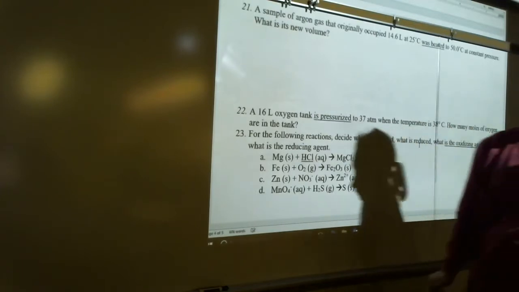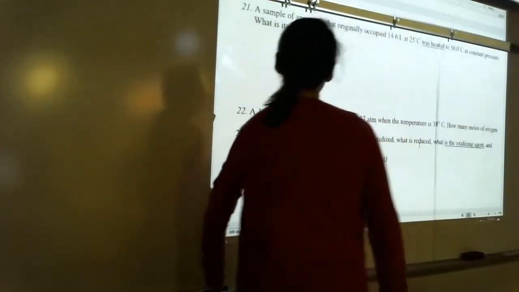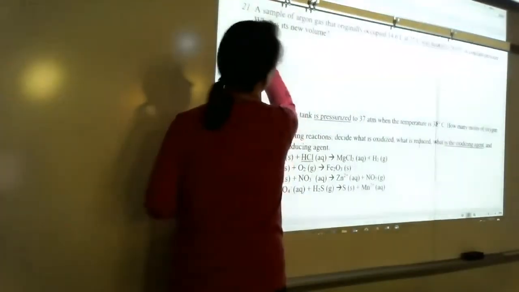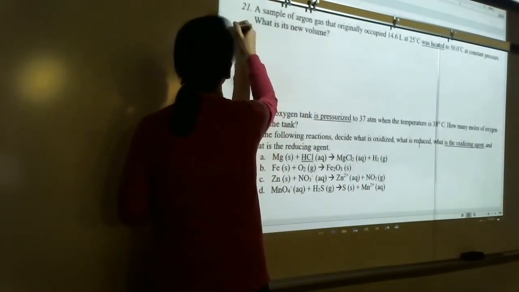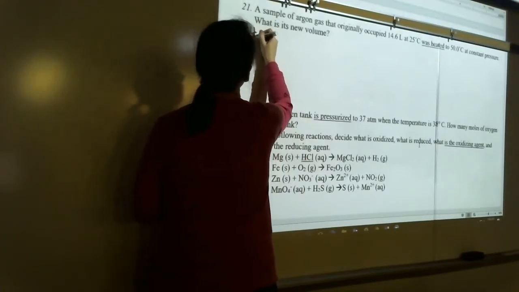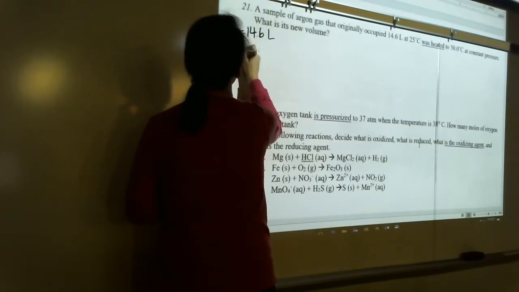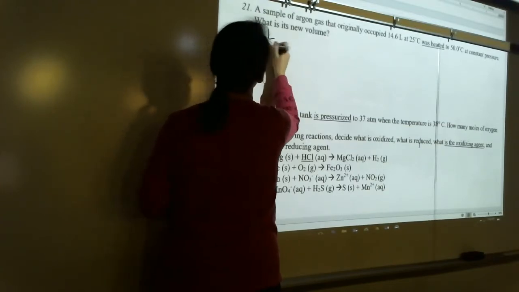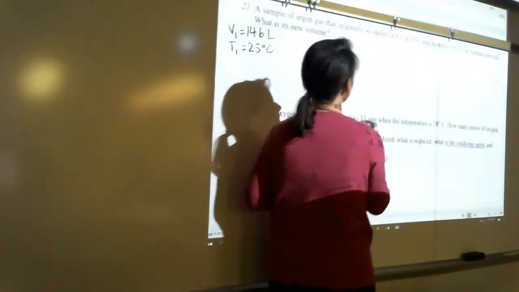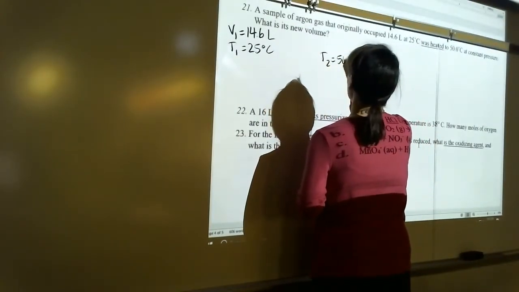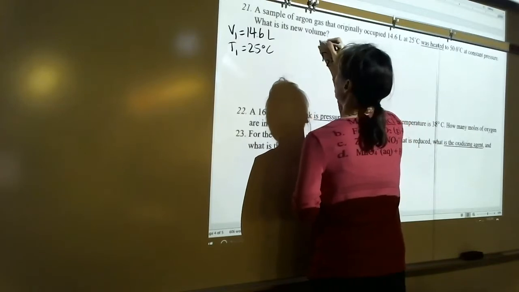Okay, sample of argon gas originally occupied 14.6 liters. So that's V1, it's 14.6 liters at 25 degrees Celsius. And it was heated to 50 degrees Celsius, so that's T2. And we want to know what's the new volume.